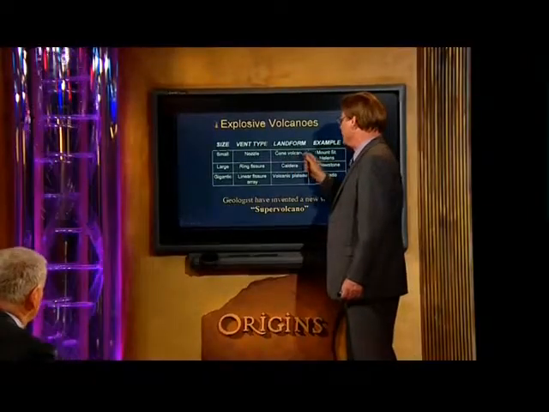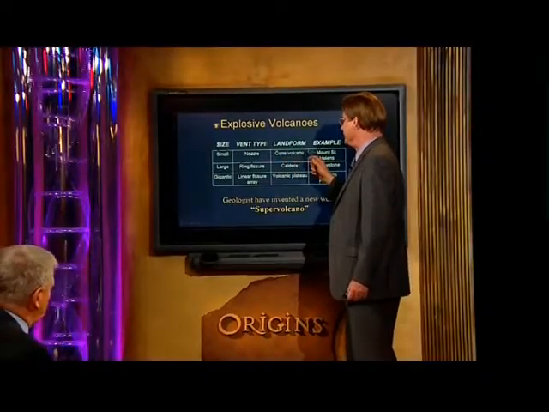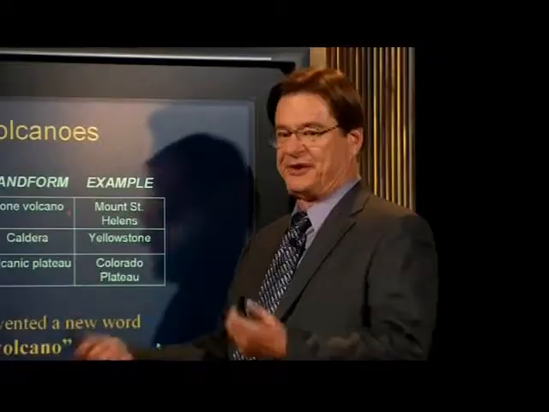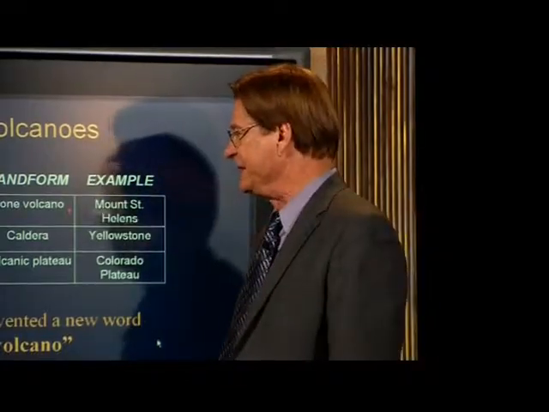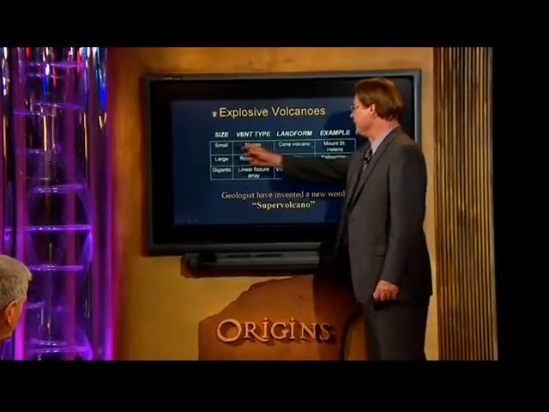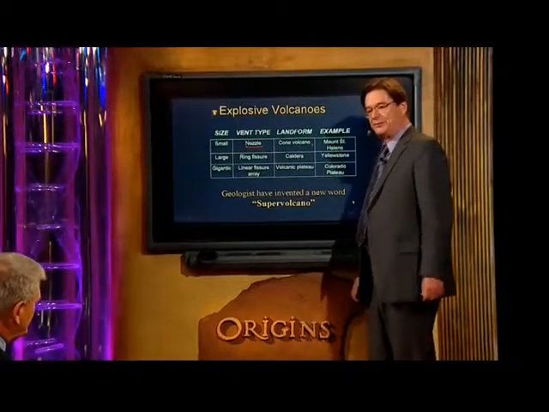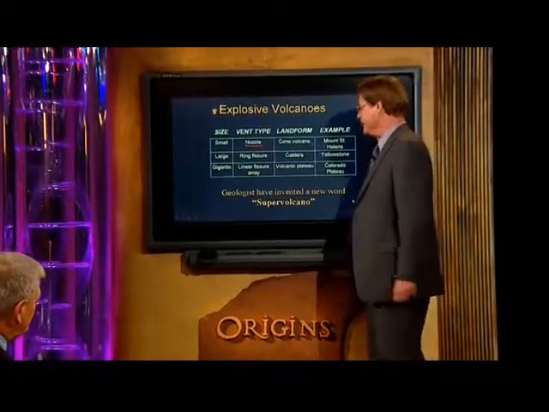They are around a cone type of feature, and they are from a nozzle, a central vent. They typically have eruptions of about a quarter to half of a cubic mile of magma that comes out, expressing itself as volcanic ash. So these explosive volcanoes that are small are like Mount St. Helens, and those are the volcanoes we know about and are familiar from history.